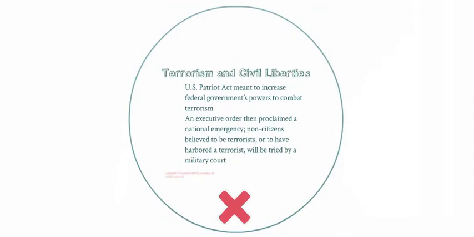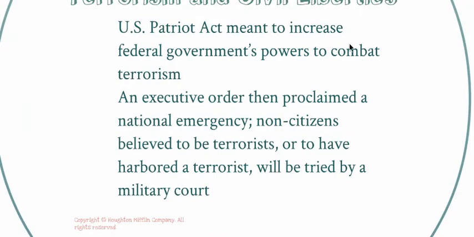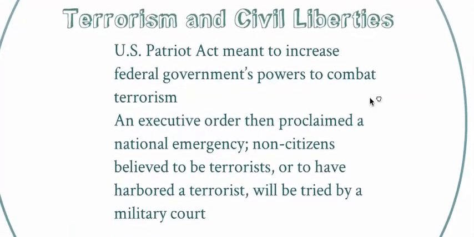All right, finally, terrorism and civil liberties. Since 9/11, things have gotten more strict as far as our civil liberties are concerned. The Patriot Act was passed, and that was meant to increase the federal government's involvement to combat terrorism. An executive order then proclaimed a national emergency.